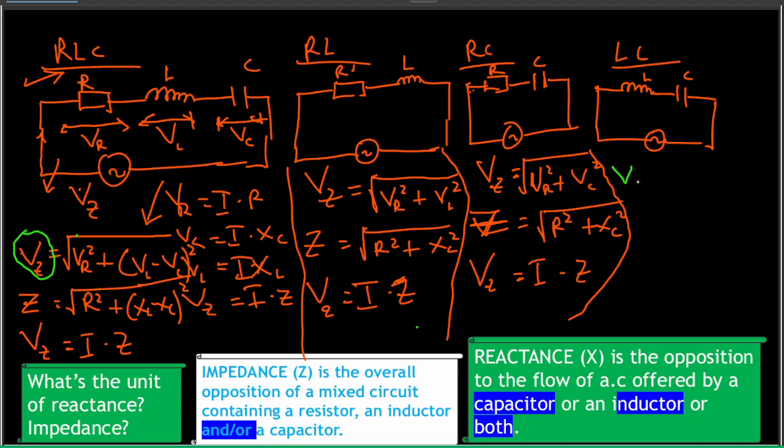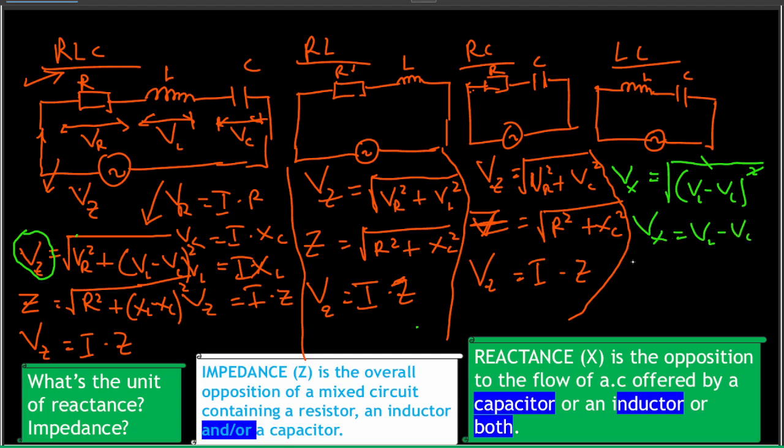VX will be equal to the square root of, now we don't have R, so it will just be (VL minus VC) squared. And you remember that this square root will cancel this square, so that you'll be left with VX equal to VL minus VC.